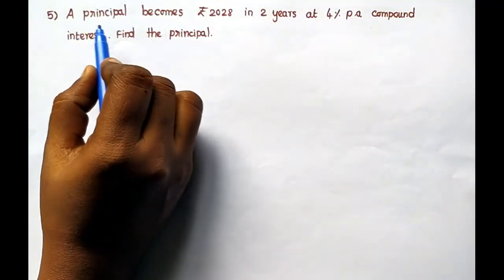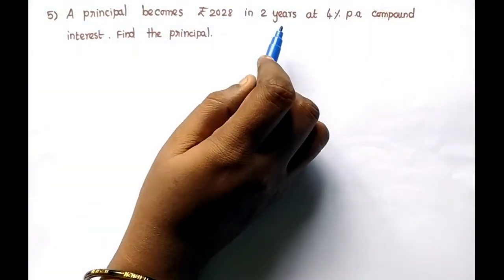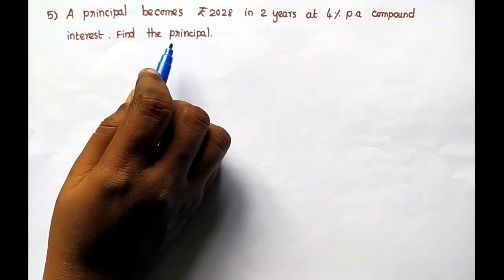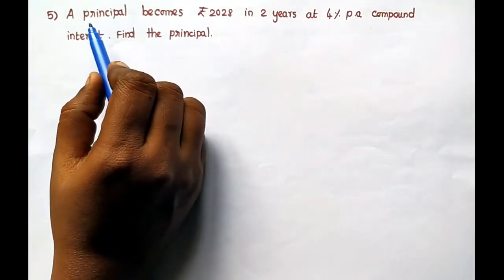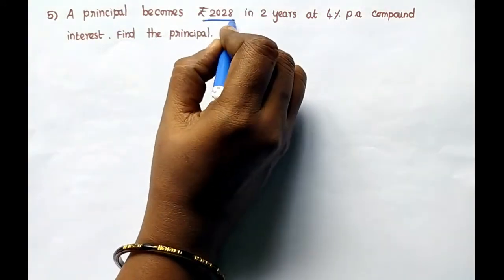Fifth sum. A principal becomes rupees 2028 in 2 years at 4% per annum compound interest. Find the principal. Listen, the principal becomes, so that is the amount.